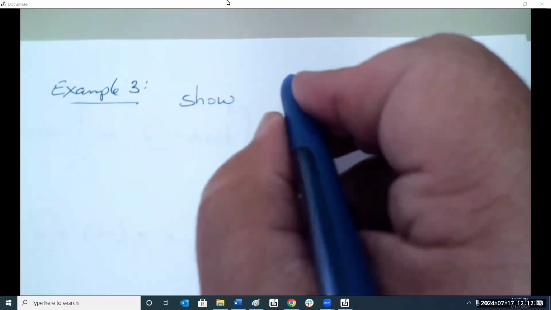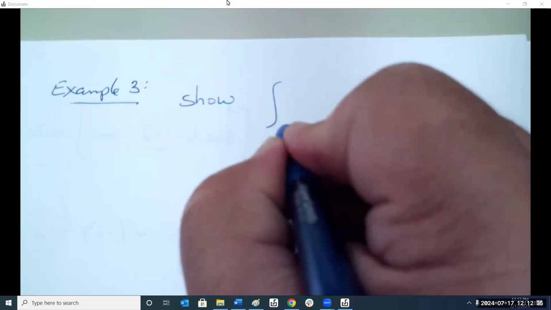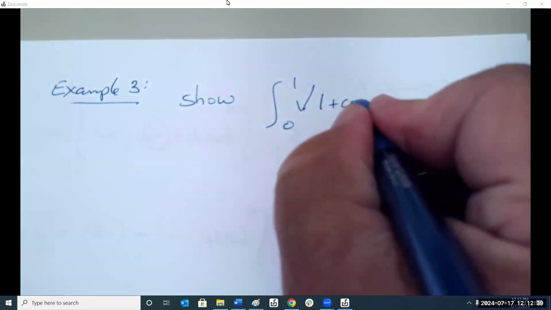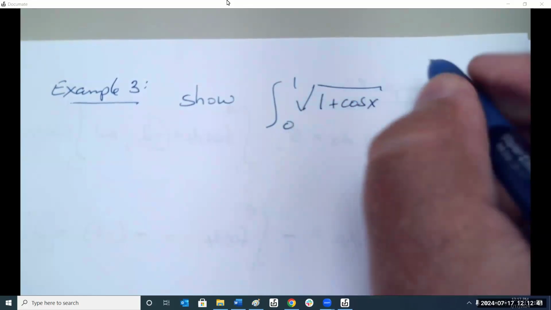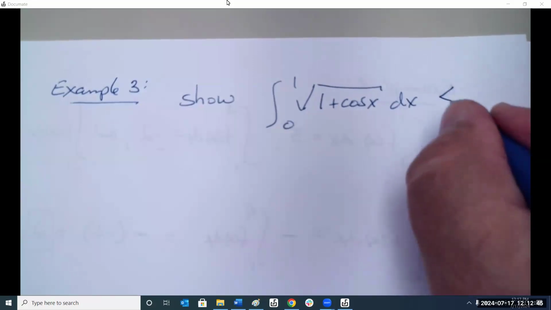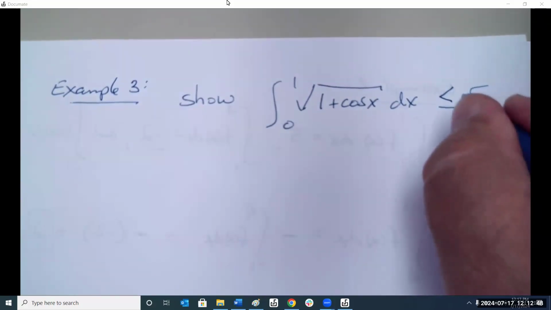Let's look at example 3. Show that the value of this is less than or equal to the square root of 2.